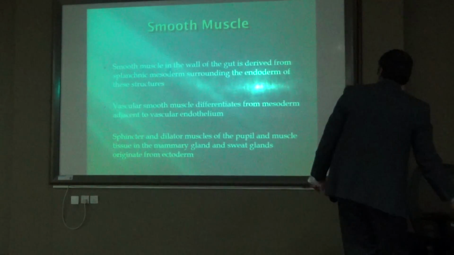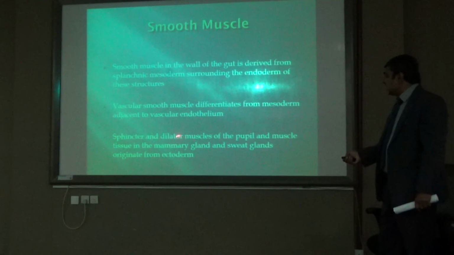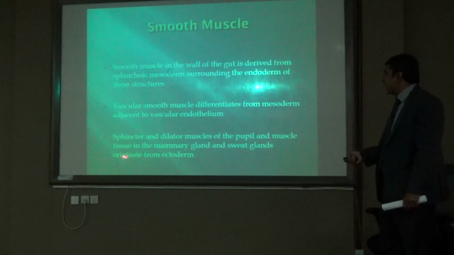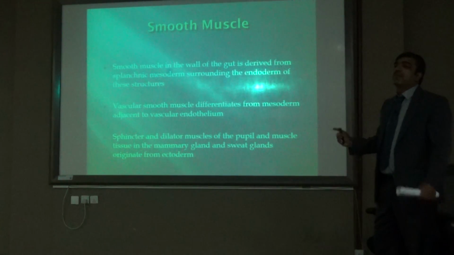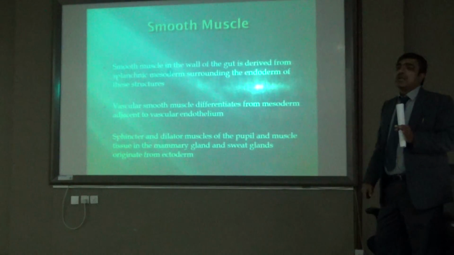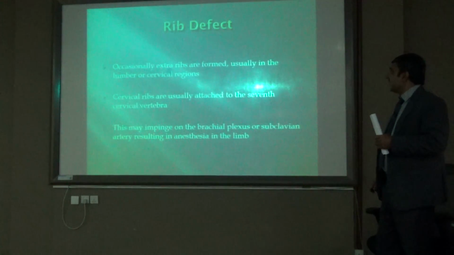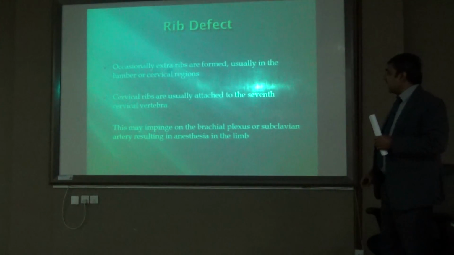This is how the smooth muscles of the intestine are formed. Sphincter and dilator muscles of the pupil and muscle tissue in the mammary gland and sweat glands originate from the ectoderm. These are the exceptions, muscles which are not formed from the mesoderm.